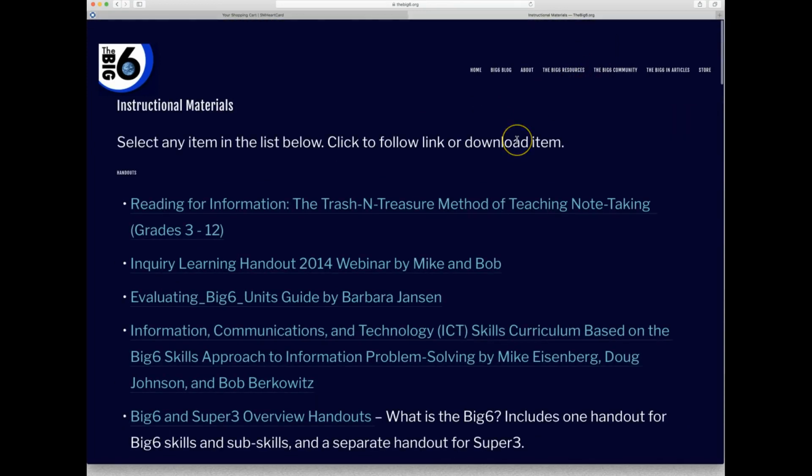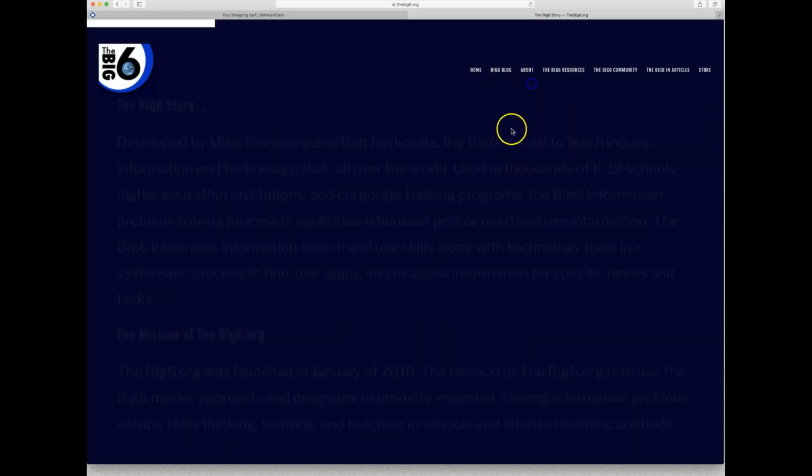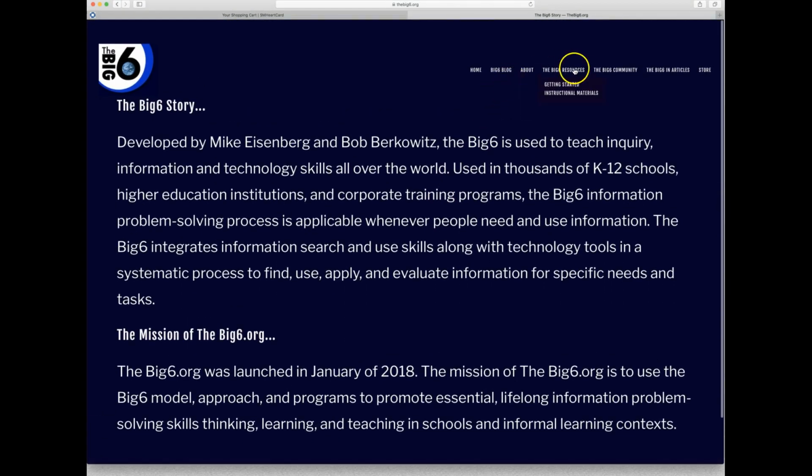And if you see here somewhere, it says that they've kept them all. They've licensed a lot of this under Creative Commons licensing so that you can use these. So if you want to find more out about the Big Six, it's here.